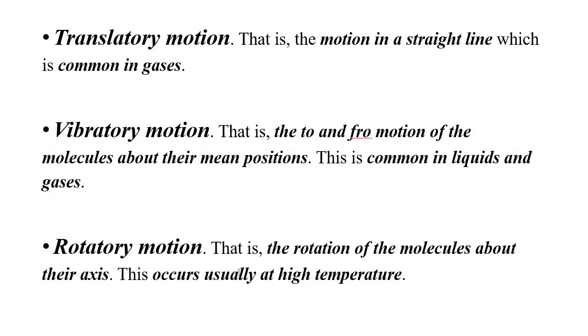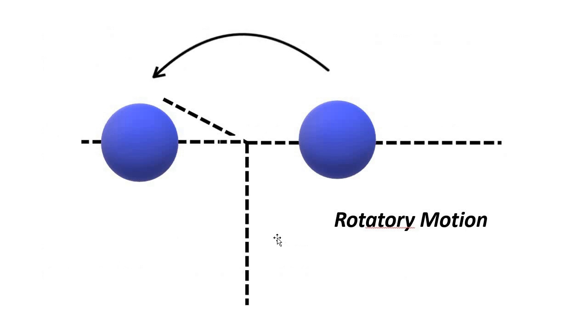Then we have the rotatory motion. So it is the rotation of molecules about a certain axis. The vibratory motion happens commonly in liquids and gases, and the rotatory motion also occurs mostly in gases and usually at high temperature. So the rotatory motion is something like this.